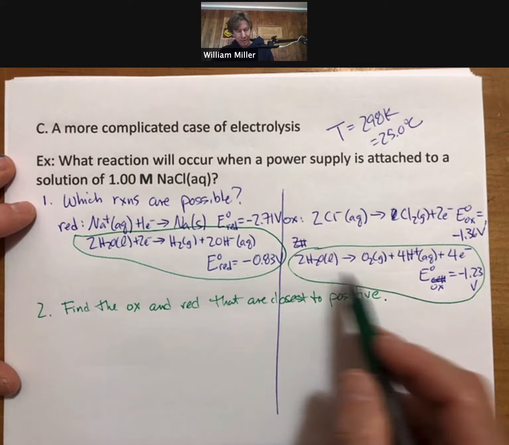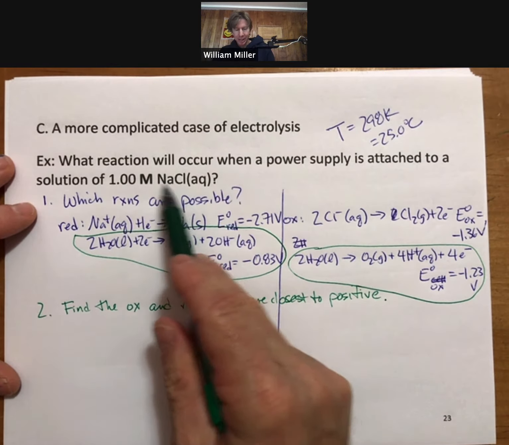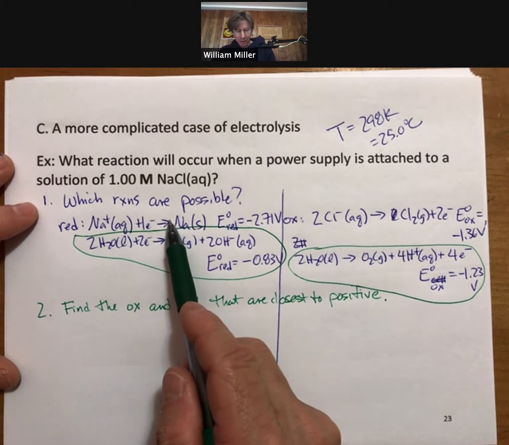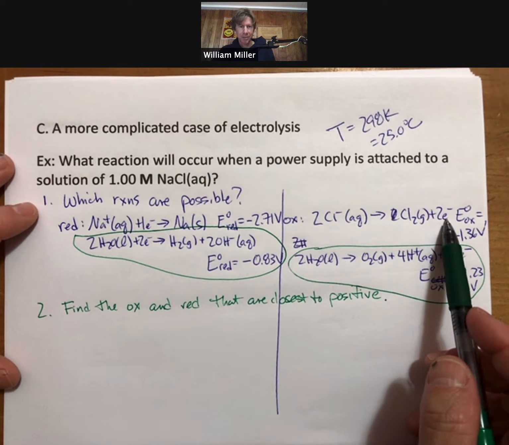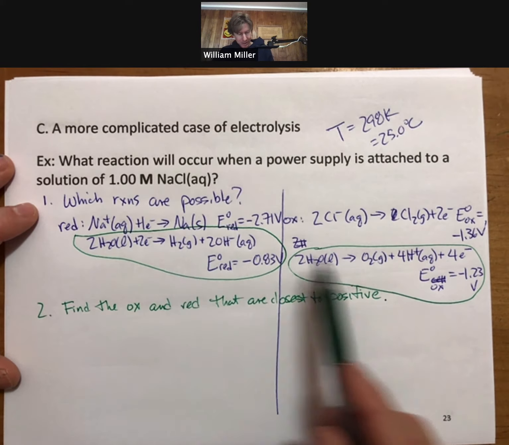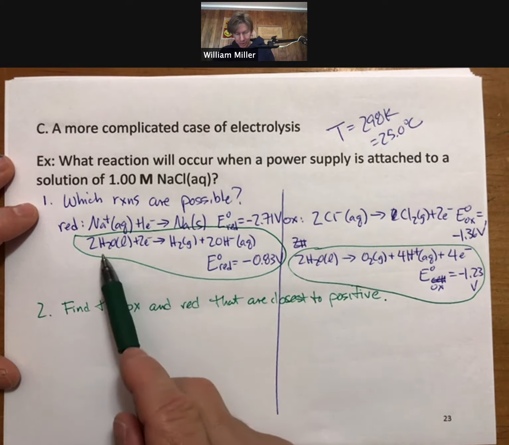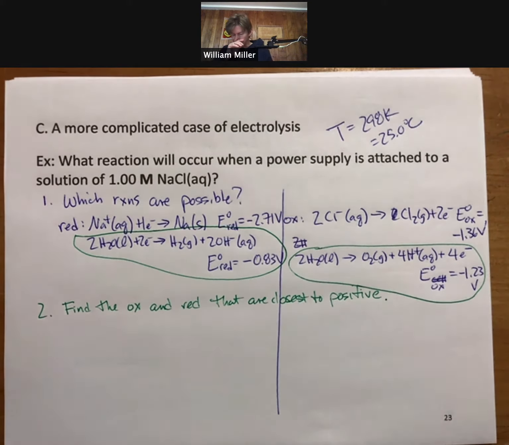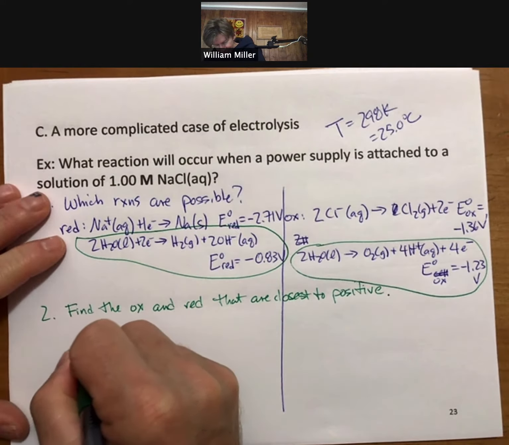And so it turns out that as soon as you try and do this reaction in the aqueous phase, you cannot produce sodium and you cannot produce chlorine. What you can produce is hydrogen and oxygen, and you're reducing and oxidizing water. So that's what we're doing. Let's write those out down here.